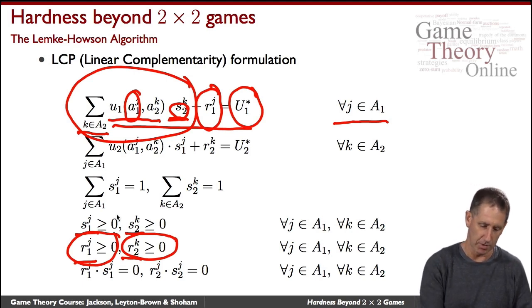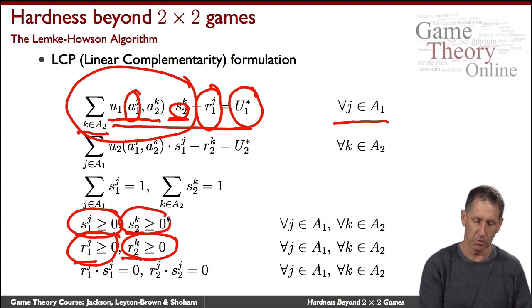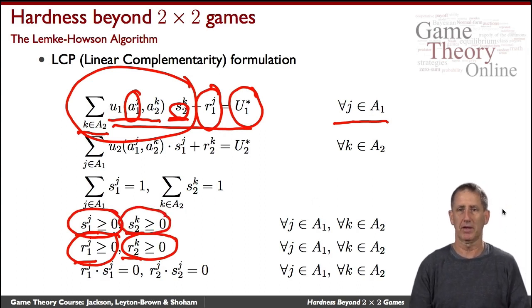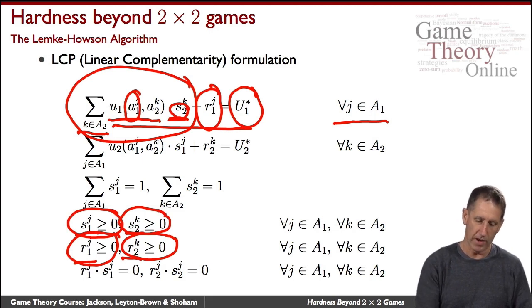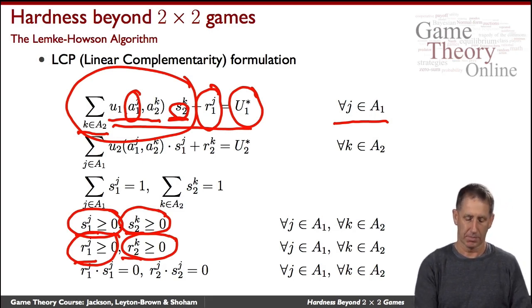So now we talk about the S's. S's, as we said, speak about the weight in the mix that each player gives to each of their actions in the mixed strategy they play. And so when player one plays strategy J with non-zero probability, it better be the case that he's best responding, namely that the slack variable is 0.